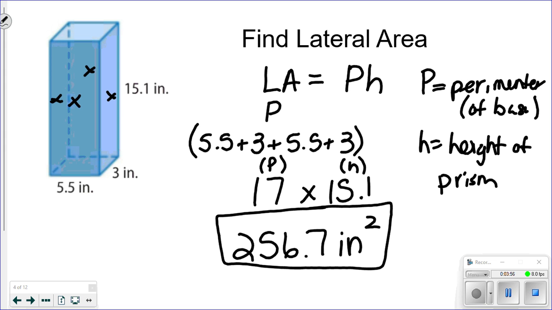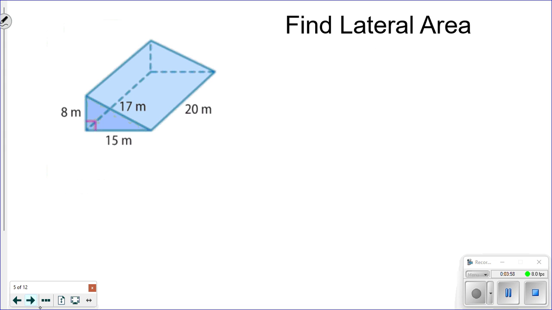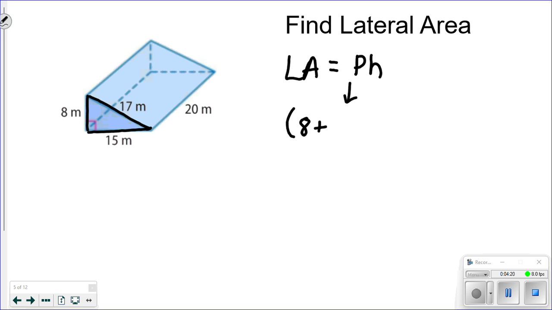So let's try another one. Find the lateral area. The first thing we're going to do is write out my formula again. Now remember, P is the perimeter of the base. So I'm going to find my base. My base is right here. I'm going to add my perimeters together: 8 plus 15 plus 17.